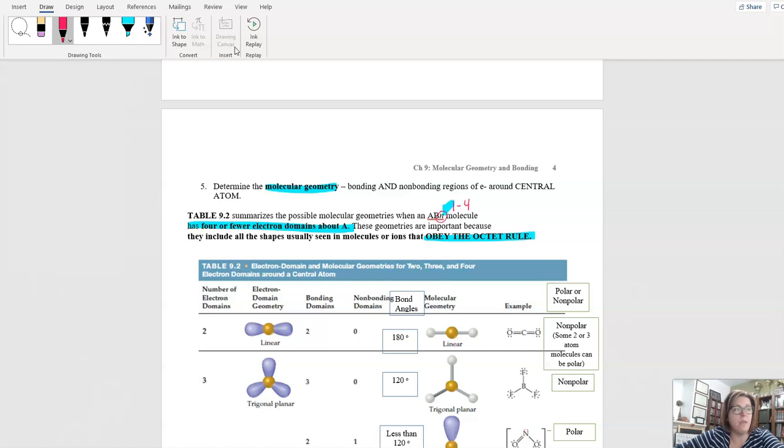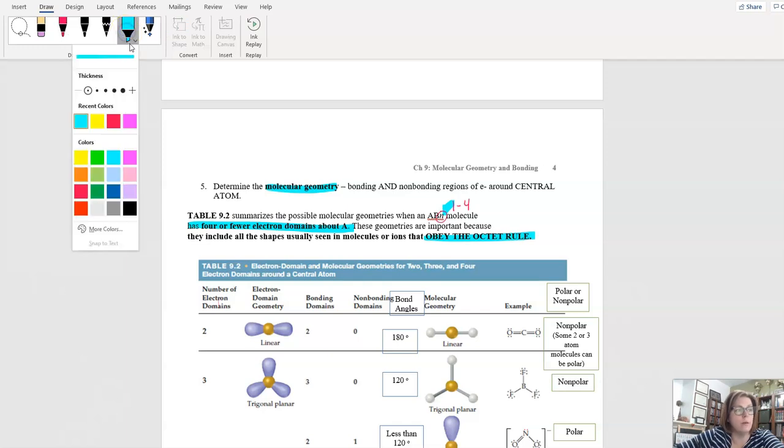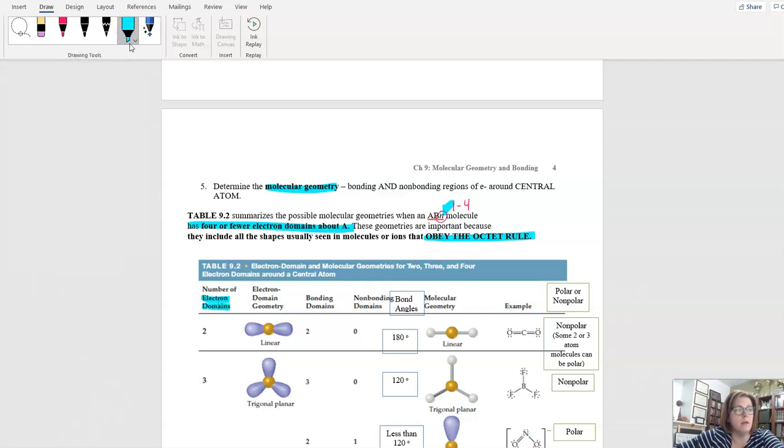We're going to go through the table one by one so you see what the categories are: the number of electron domains, the total number of domains; the electron domain geometry, which is the geometry name; and how many bonding regions and how many non-bonding regions, a.k.a. how many lone pairs.